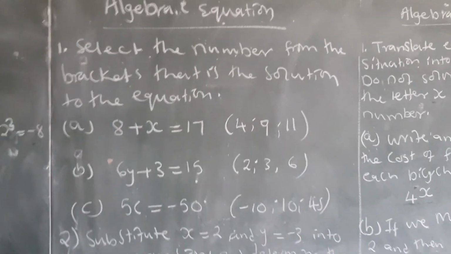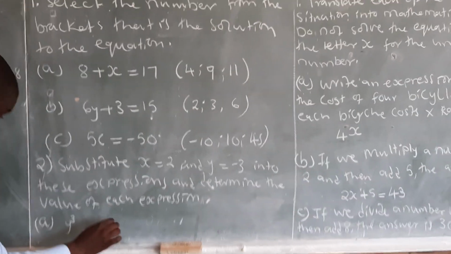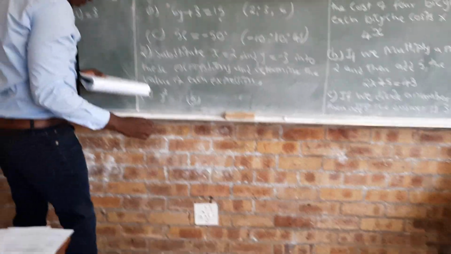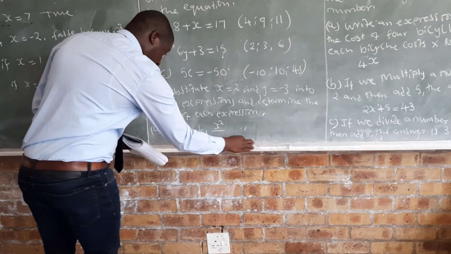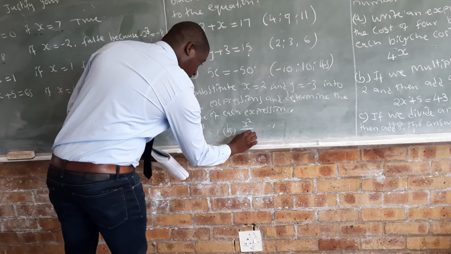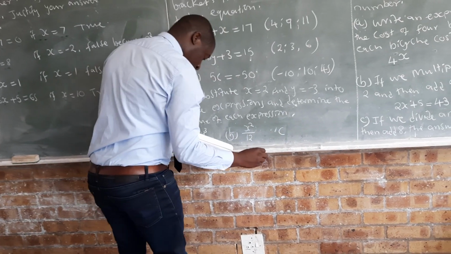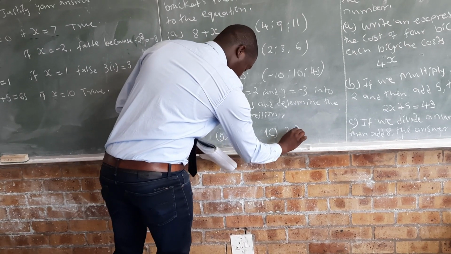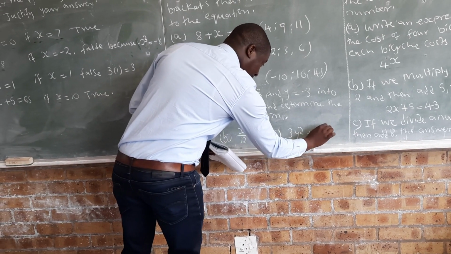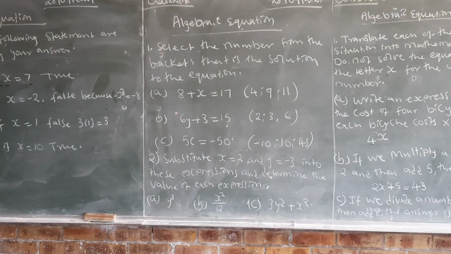So we have A, which is y to the power 3. We have B, which is x squared divided by 12. We have C, which is 3y squared and x to the power 2. Just to complete that.